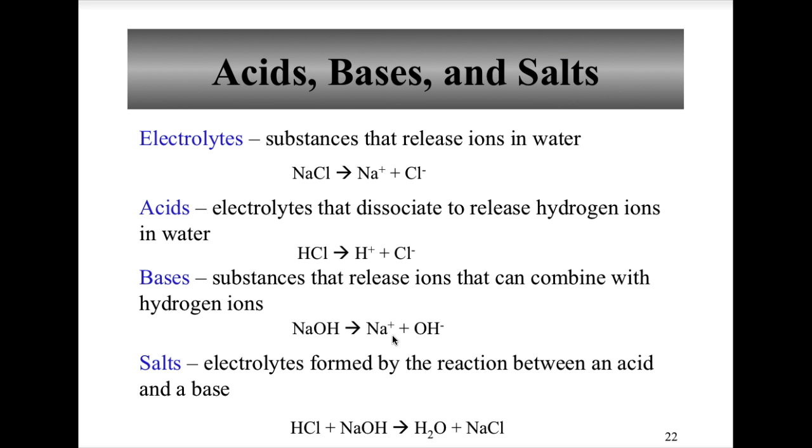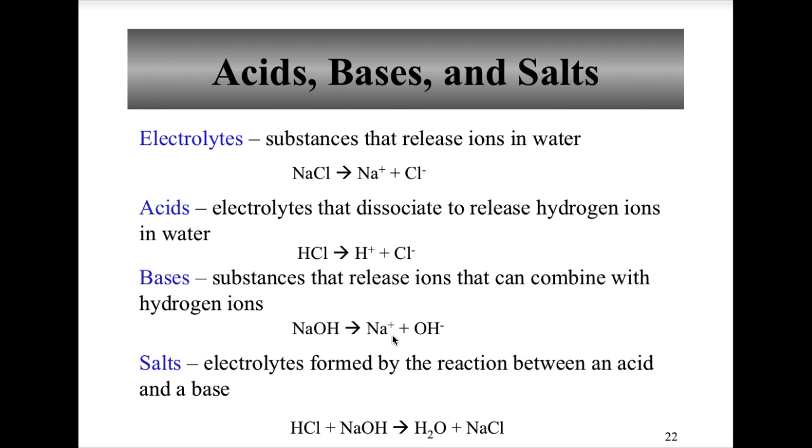Electrolytes are needed for muscle contraction, nerve impulses, bone growth, etc. Examples of electrolytes that we would see are sodium, Na+, potassium, K+, chlorine, Cl-, calcium, Ca2+, the phosphate, PO4 3-, and then you have some others that we'll learn along the way.